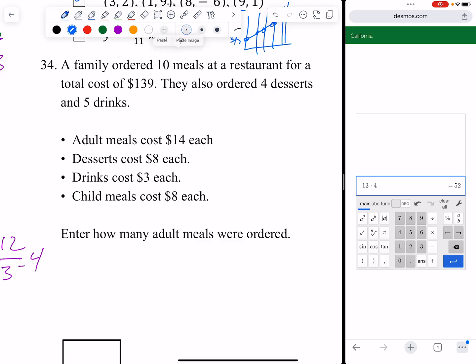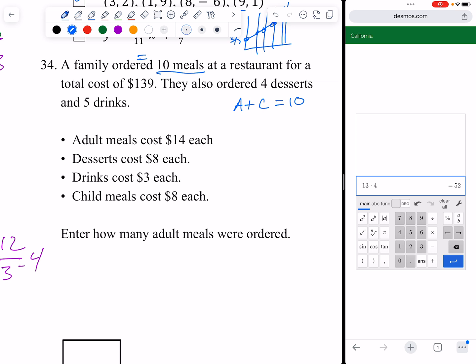So this is a system of equations thing, okay? So I got to be careful because I got a total, that's my total, right? 10 meals. So that means your adults plus your child equals 10 meals. But here's the kicker. You also ordered 4 desserts and 5 drinks.